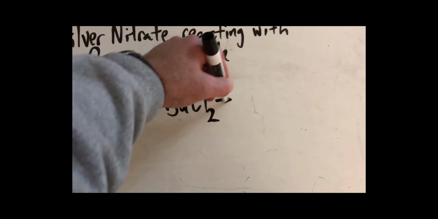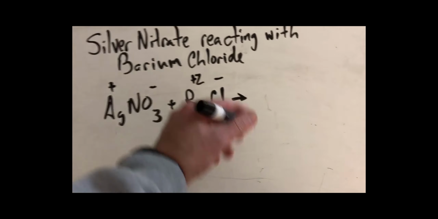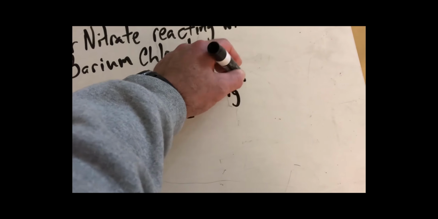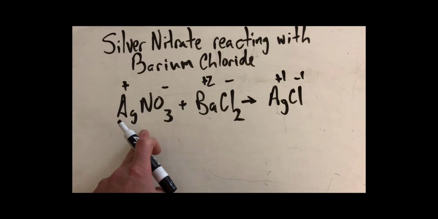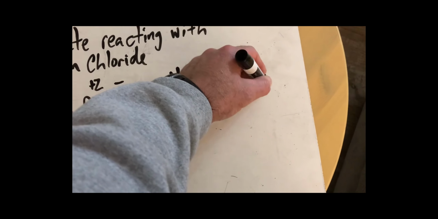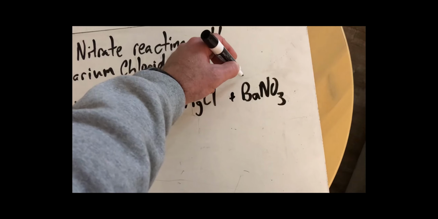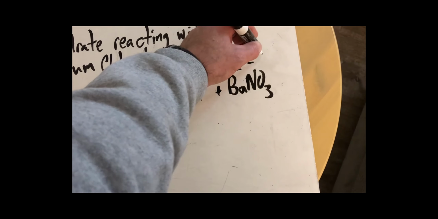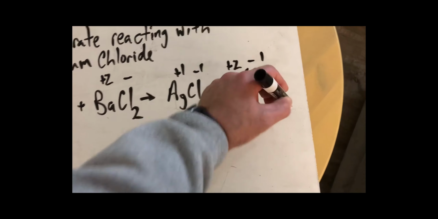Okay, so this is a double displacement, so we're going to have silver chloride on this side, +1, -1, and then we're going to have barium nitrate over here. Okay, so barium is a +2, nitrate's a -1, so I have 2 of those.